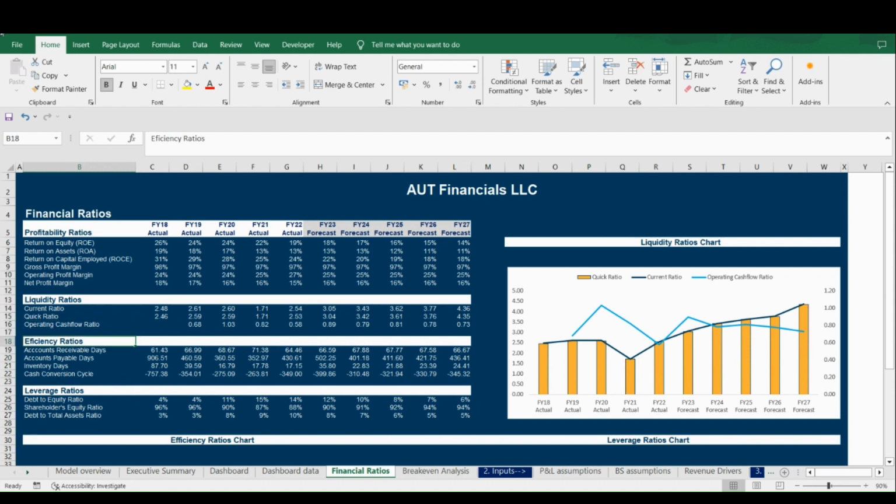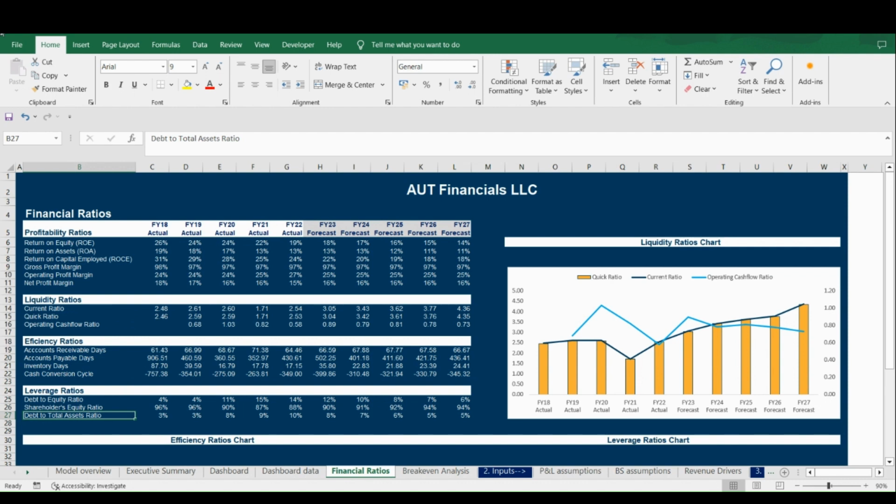Next, we have efficiency ratios, which include the receivable days, payable days, and inventory days, and the cash conversion cycle. At last, we have the leverage ratios, which represent debt to equity ratio, shareholders equity ratio, and debt to total asset ratio.